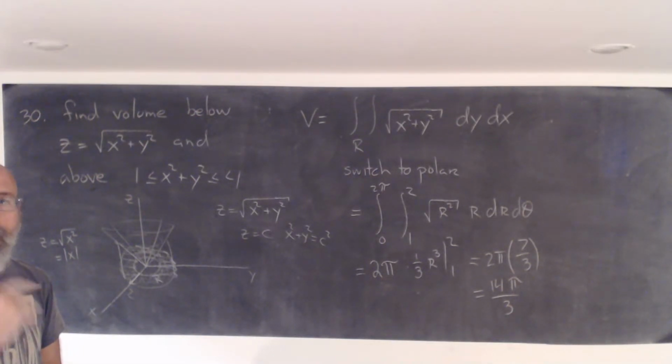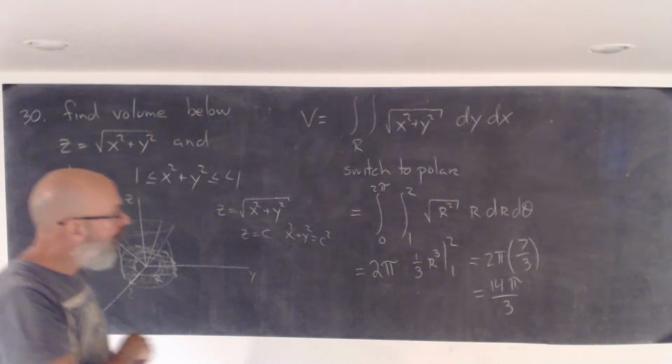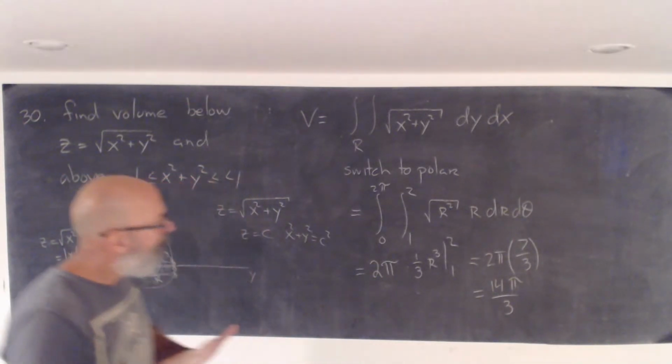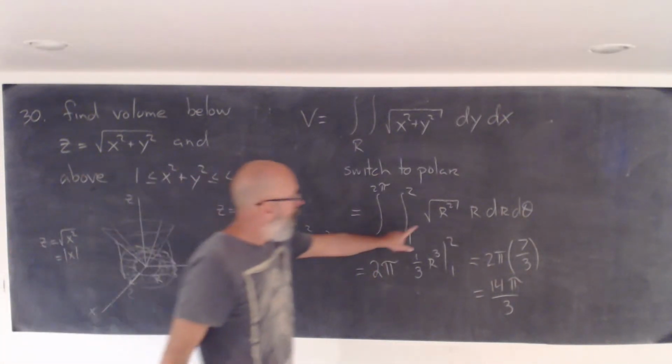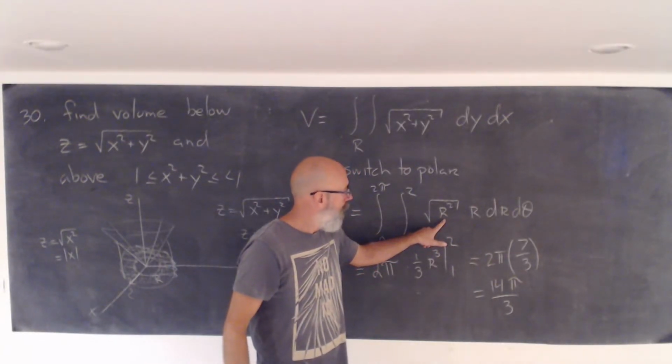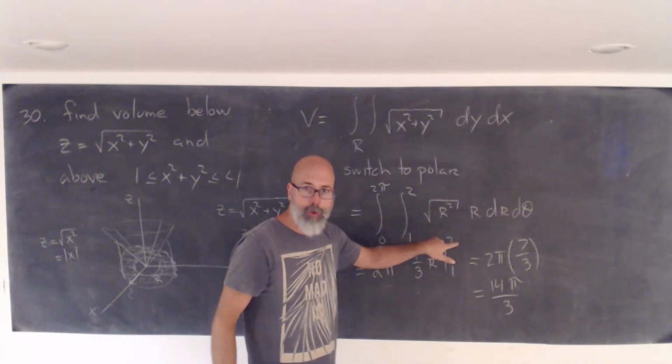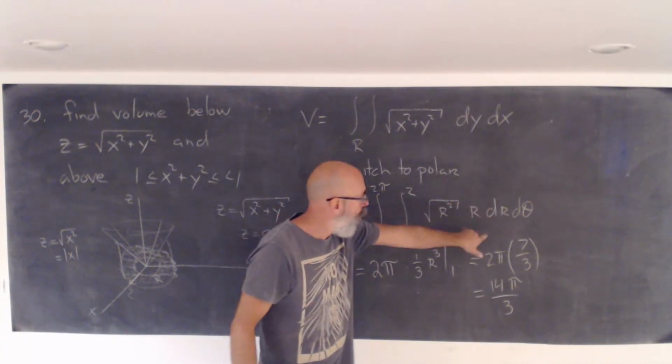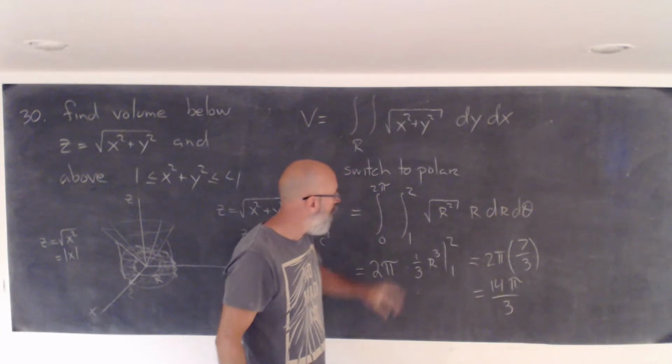Negative R? Well, right, because you're thinking to yourself, the square root of r squared really should be absolute value of r, but you know the Jacobian should be absolute value of r again, right?